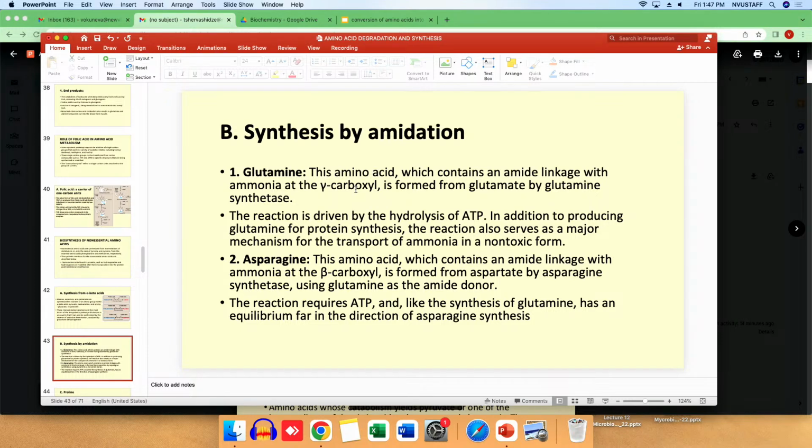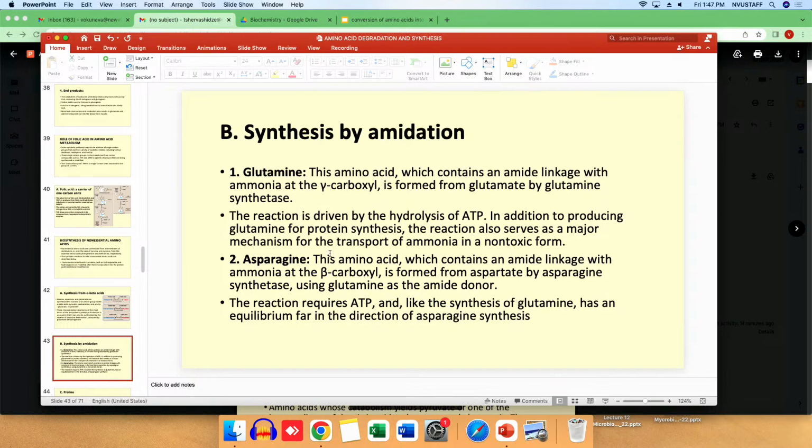How can we get it? By either removal of the amino group, transferring of the amino group, or adding of this amino group. This process, amidation, needs ATP because that's an energy-requiring process. You don't need to memorize any cofactors, just try to remember ATP as an energy source.